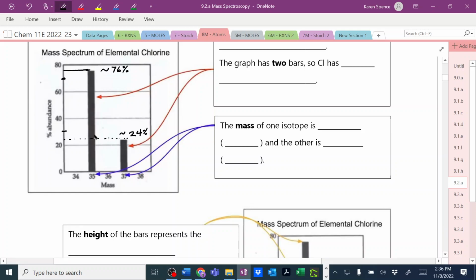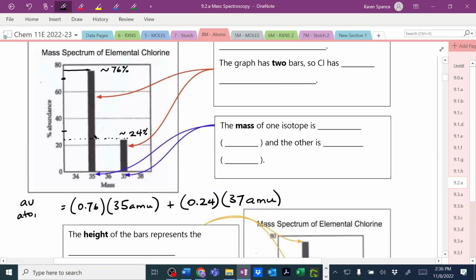So in this case, you would have 0.76, that's your decimal percent of 35 AMU, plus 0.24 times 37 AMU, and that's going to give you your average atomic mass.